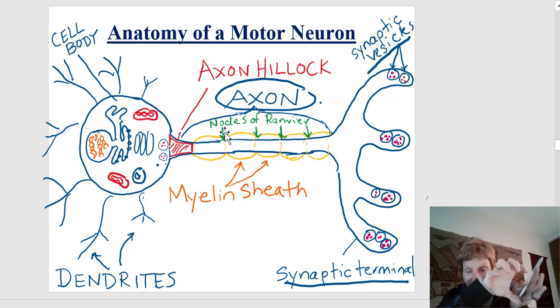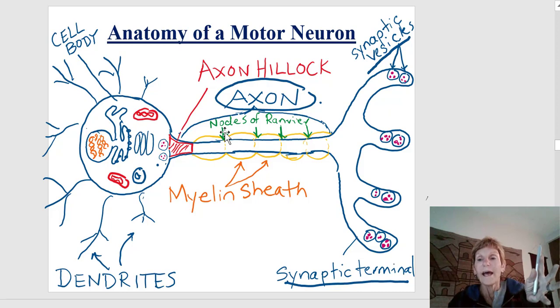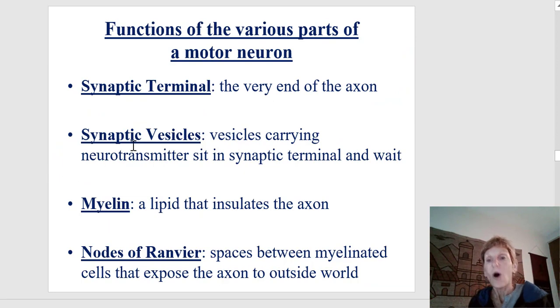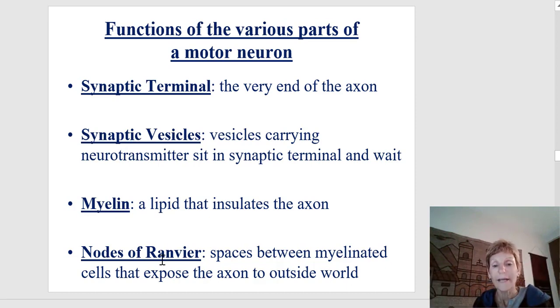It's like an insulation of a wire, but there are spaces between the lipid insulator cells. And those spaces are called the nodes of Ranvier. So at the nodes of Ranvier, there is open axon and no lipid insulator. Okay. And we'll get back to myelin and the nodes of Ranvier in a moment.